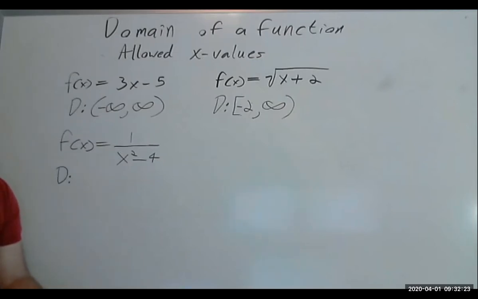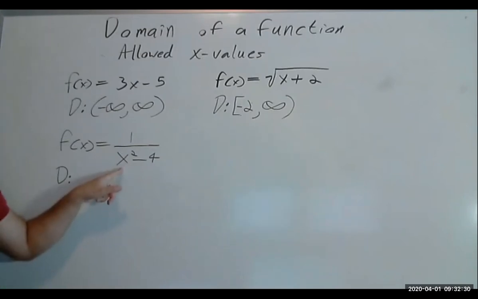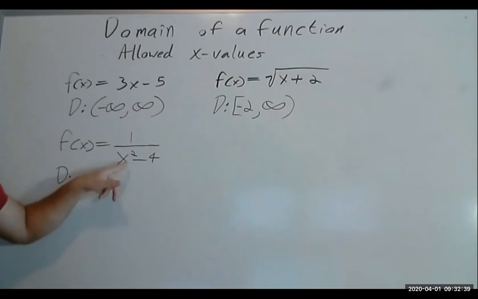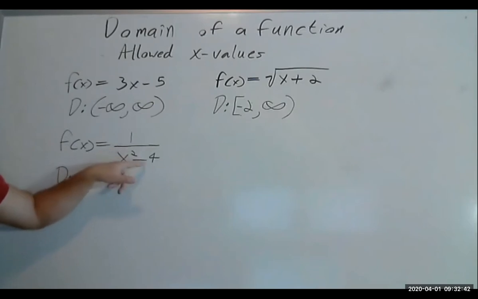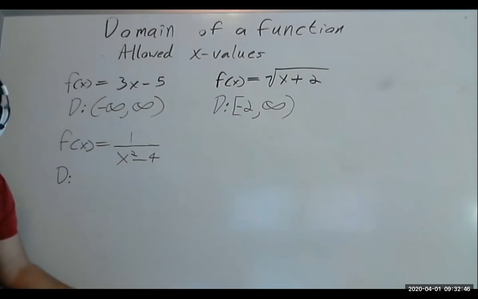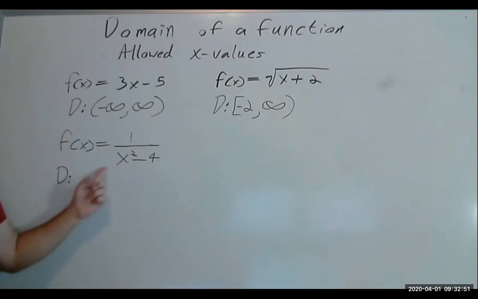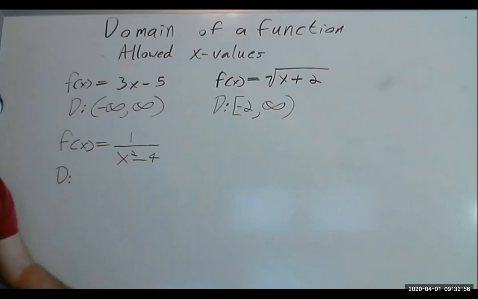1 and negative infinity. No, you could put -5 right here. You put -5, then this is 25 minus 4, which is 1/21, which is a number. But what did we say you have to be careful of whenever you have a variable in the denominator?